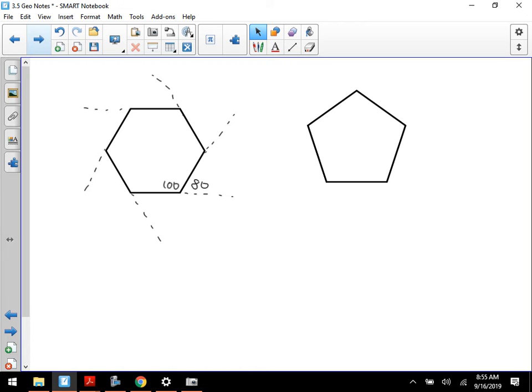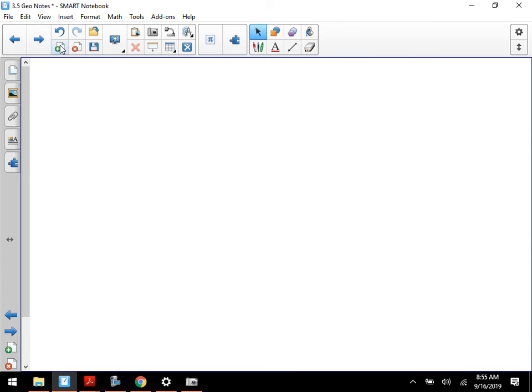Interior and exterior are always supplementary, no matter what the shape is. Is there a name for that? Remember linear pair? Oh yeah.